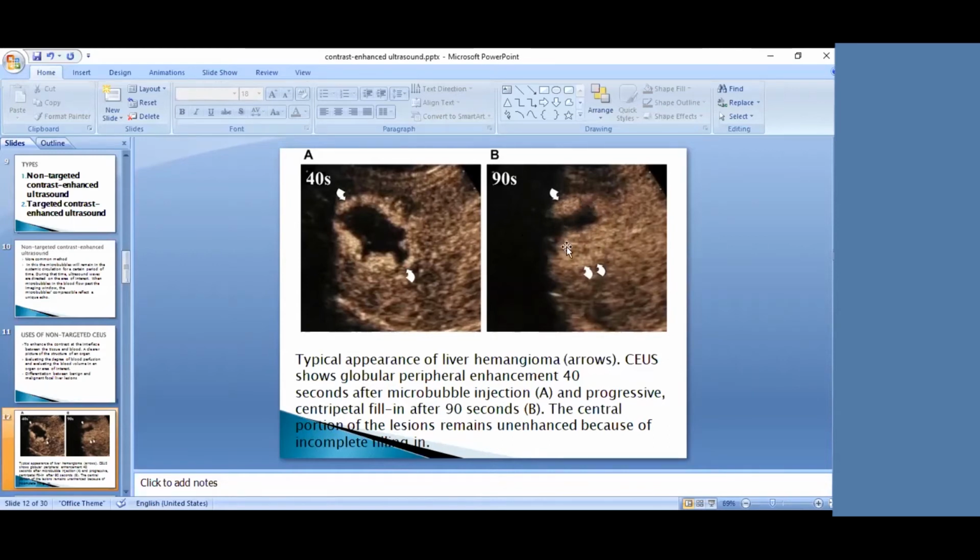Rest of the lesion is all enhanced. Okay, so this is a benign liver lesion. You can see it starts at the periphery enhancement, then it spreads till the center. Only the center didn't enhance. Rest of the lesion was all hyper enhanced. I mean there is hyperperfusion.